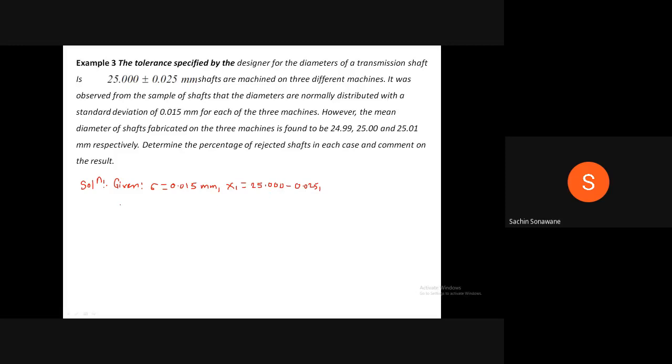Then x2, sorry, x1 is lower limit and x2 is upper limit. X2 is equal to 25.000 plus 0.025 mm. Here it is also mm.